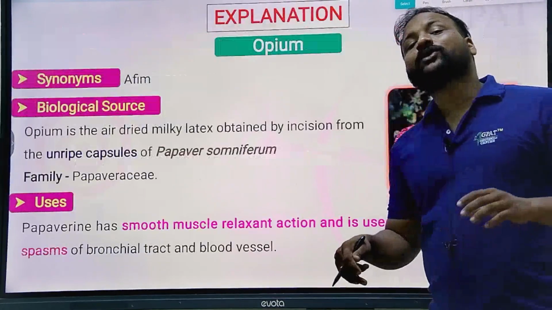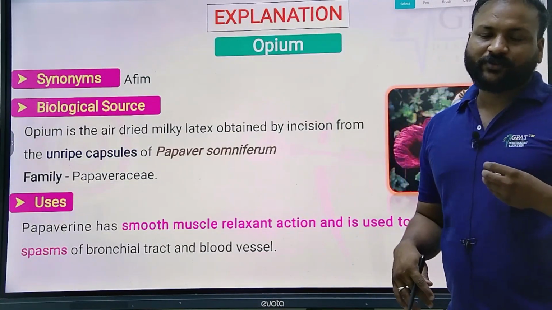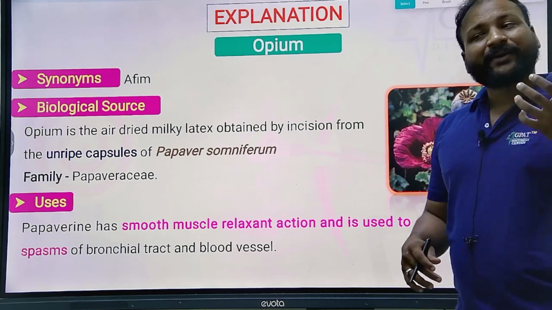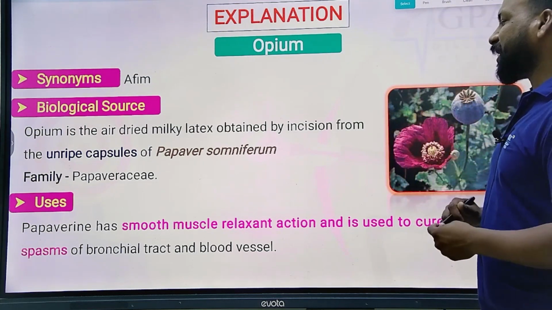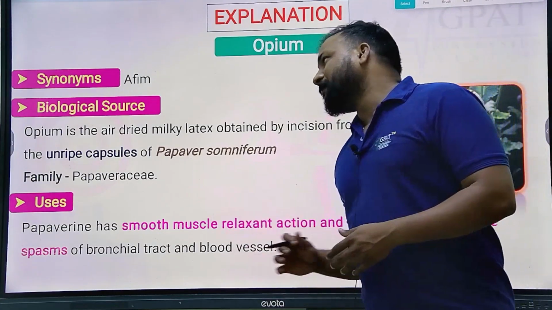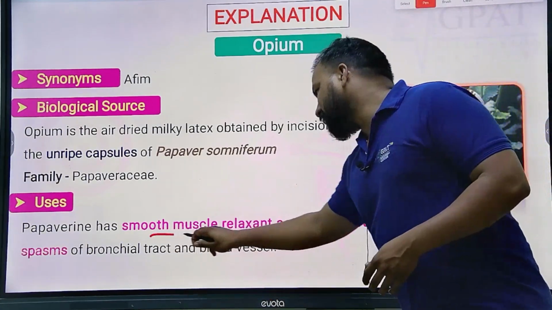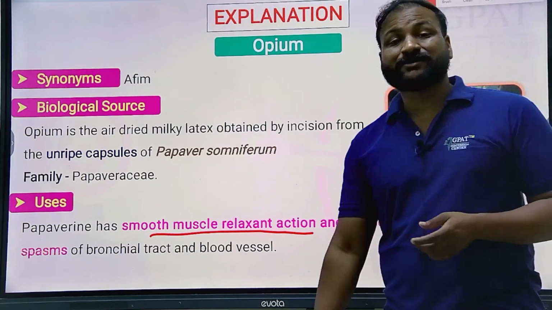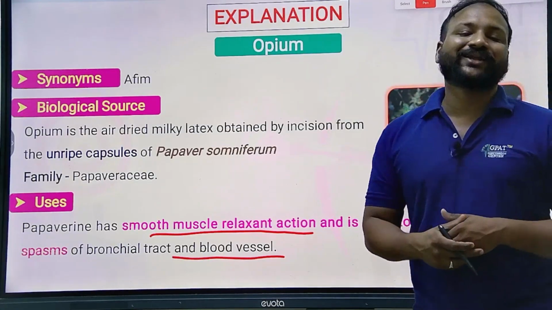Even though opium has several types of alkaloids, benzylisoquinoline alkaloids and phenanthrene alkaloids like morphine, codeine and thebaine, they exhibit different pharmacological actions. Papaverine is a smooth muscle relaxant, also used to relieve spasm in the bronchial tract and blood vessels.